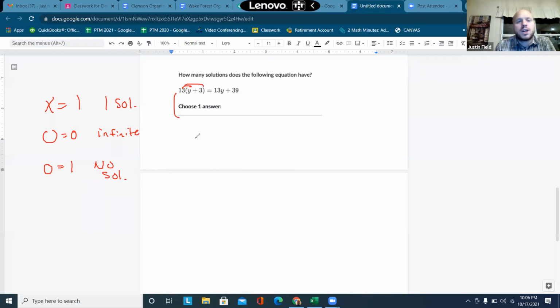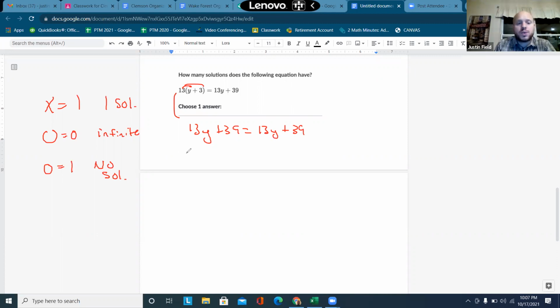Of course, we're going to distribute, and we get 13y plus 39 equals 13y plus 39. Now, before I put my variables on the left and my numbers on the right, look at the variables and look at the numbers. What do you notice? What I notice is 13y is on both sides. I also noticed that 39 is on both sides.